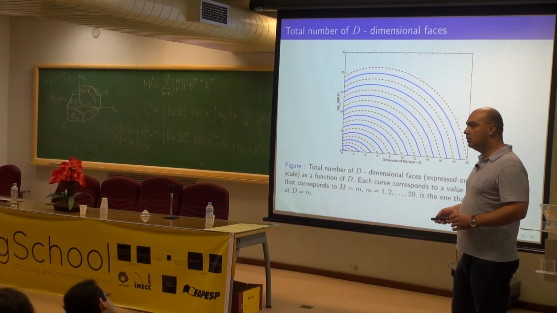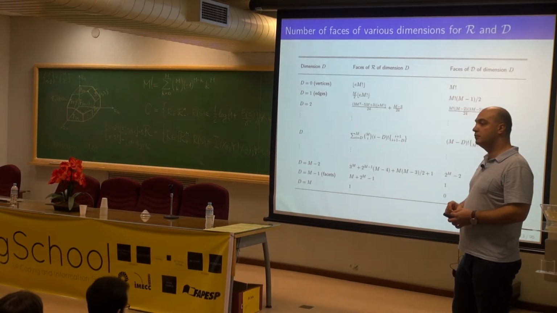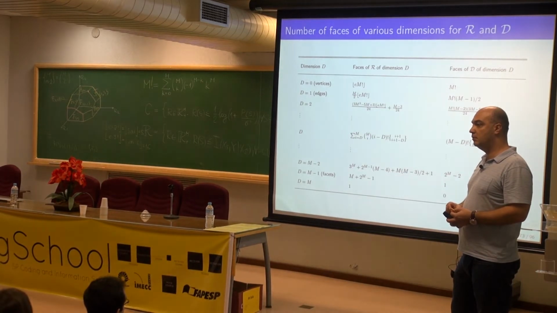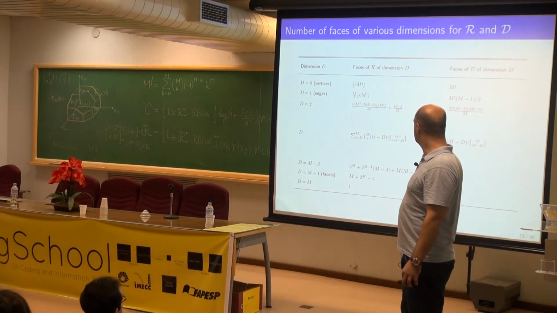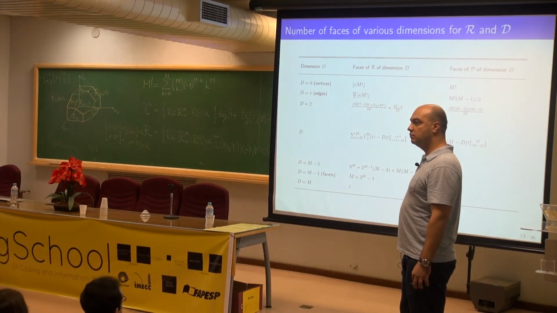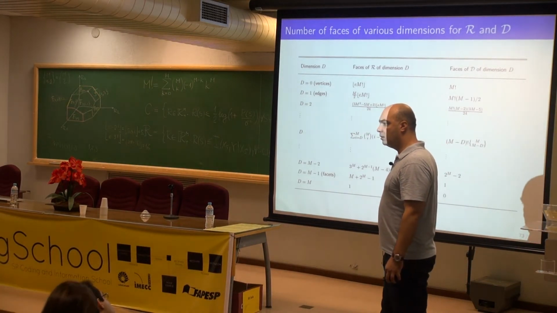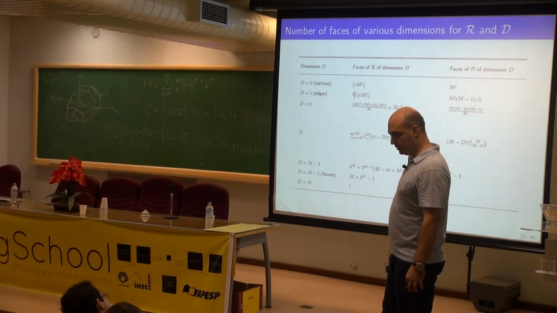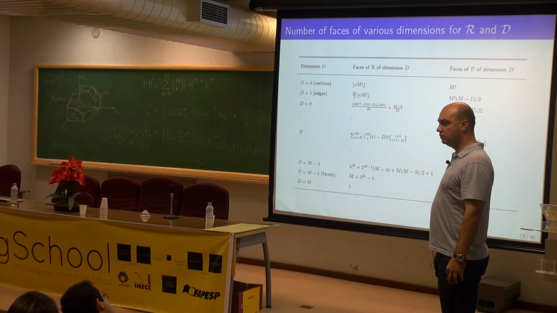Can you just go back to the table? My question is that each vertex in the dominant phase corresponds to an order of decoding. Yes. So that's why one might expect some symmetry in terms of the degree of the vertex, the number of edges coming out of the vertex.